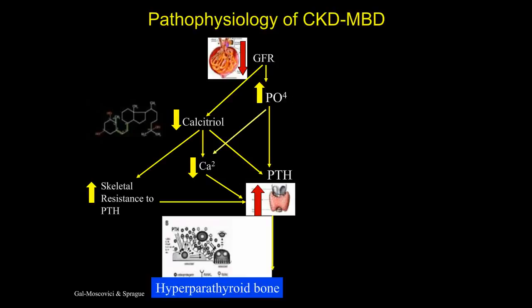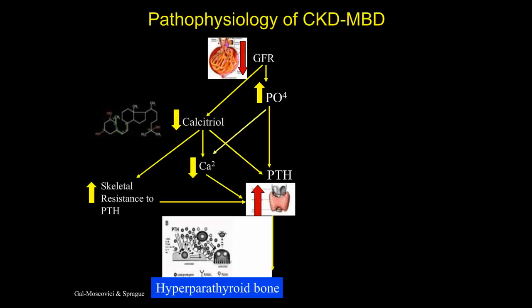As we start to decrease or lose our GFR, we start having phosphate retention, not necessarily hyperphosphatemia. And with that phosphate retention, we actually get an inhibition of calcium, or the ionized calcium tends to drop. We also get an inhibition of calcitriol, both from the increase in phosphorus, as well as, it used to be thought, though there are other factors that play a role there, in decreasing GFR.